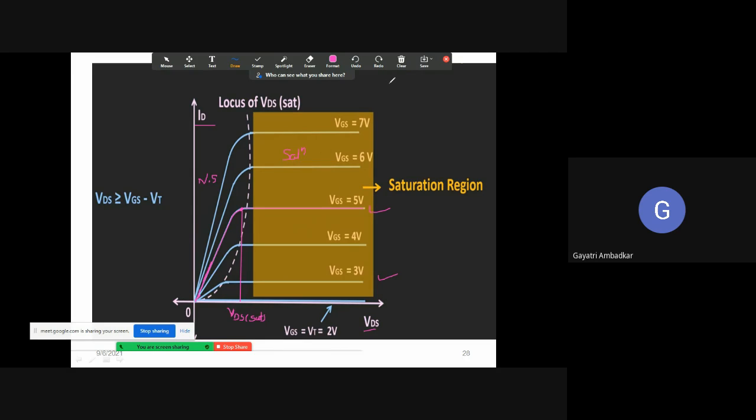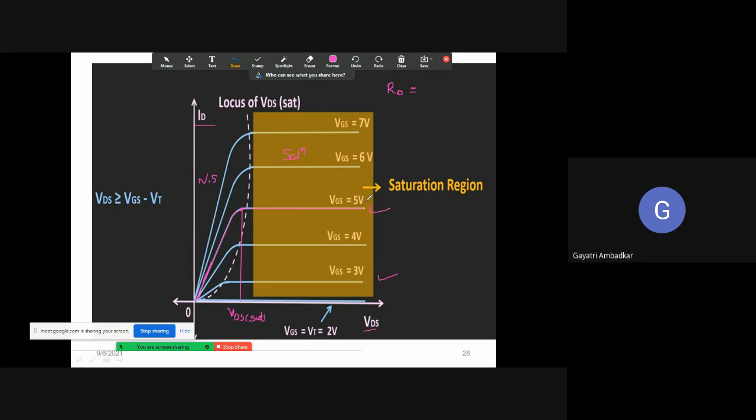Can you tell me what is the expression for output resistance RO from this curve? Can anybody tell me what the output resistance RO is from these characteristics? How do we define output resistance from any characteristics?